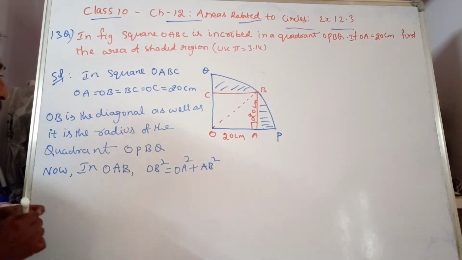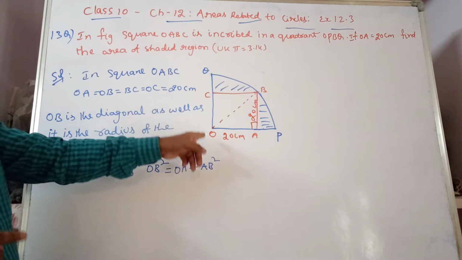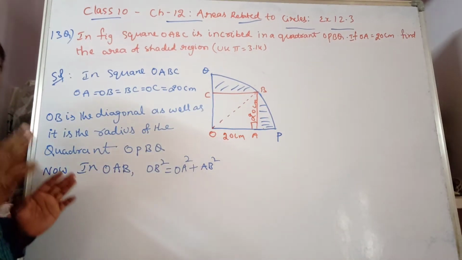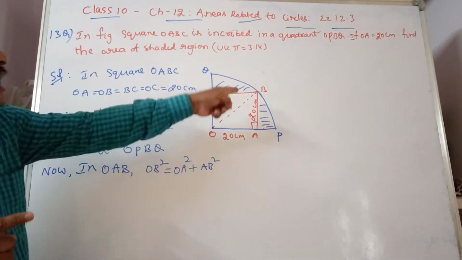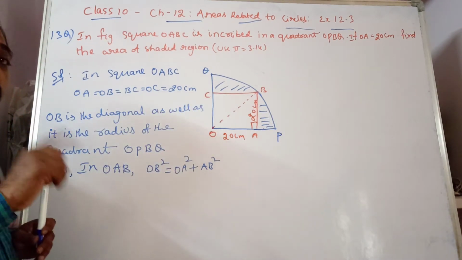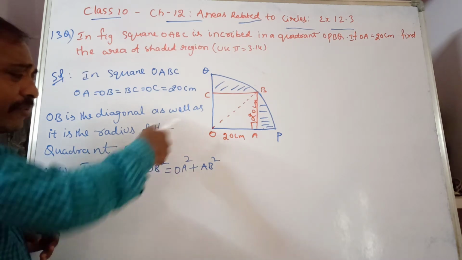You can apply the Pythagoras property, or else use the direct property: the length of the diagonal of a square is root 2 times the side of the square.